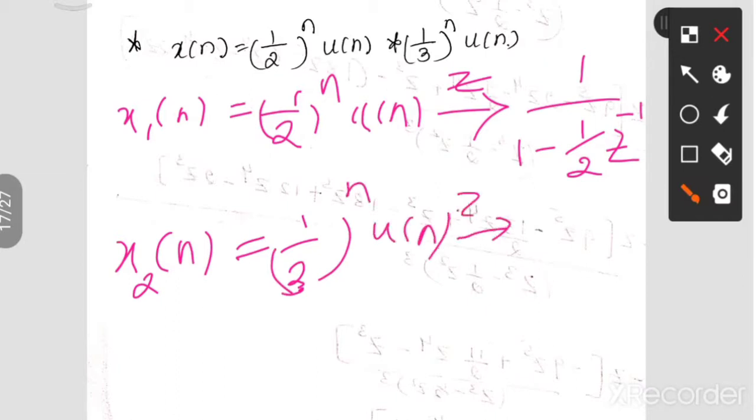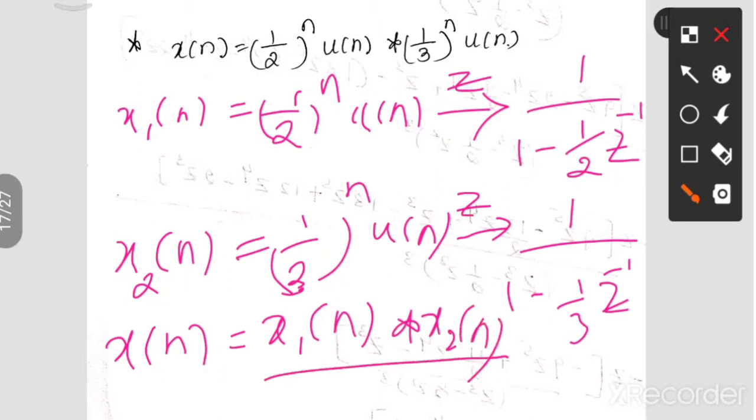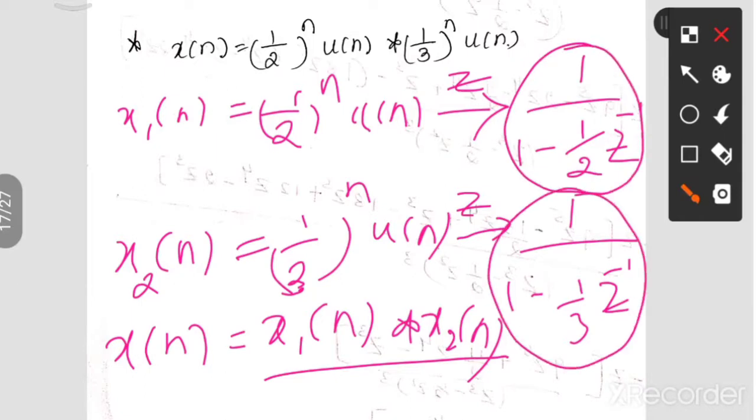Its z transform will be 1 divided by 1 minus 1 by 3 into z raised to minus 1. So now apply it to x of n. X of n is x1 of n convolution with x2 of n. So here, as we know the property, this is the z transform of the first signal, this is the z transform of the second signal.